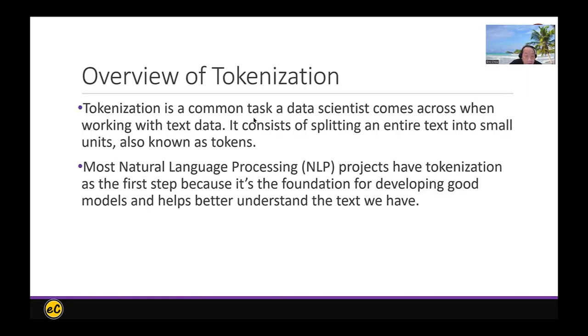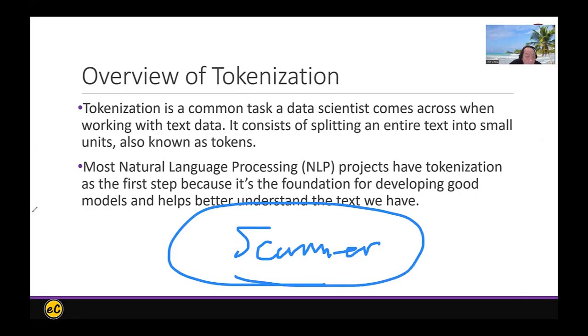Tokenization is a common task that data science comes across when working with text data. Most natural language processing needs to have tokenization. And in your Java language, we do have the scanner, and the scanner is used to do tokenization, to tokenize word by word.